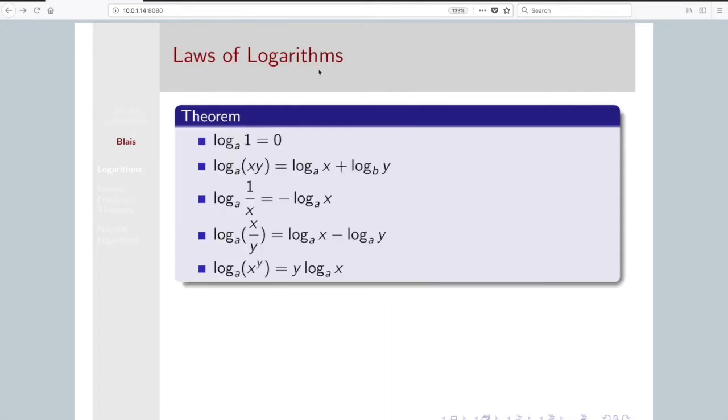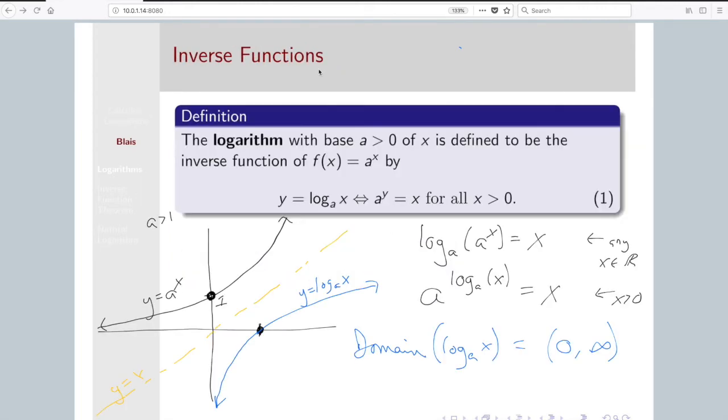Now we have laws of logarithms, and you can see how some of these are derived in the textbook. The first one, log base a for any a of 1 is 0, and that's coming from the picture. So remember, the x-intercept of any logarithm is 1. And that's because of this reflection, because it's an inverse, the inverse of the exponential.